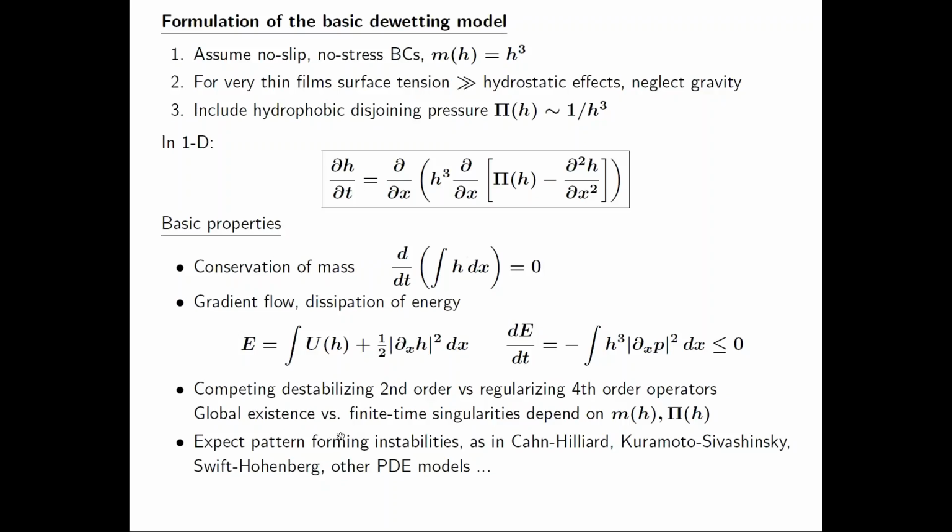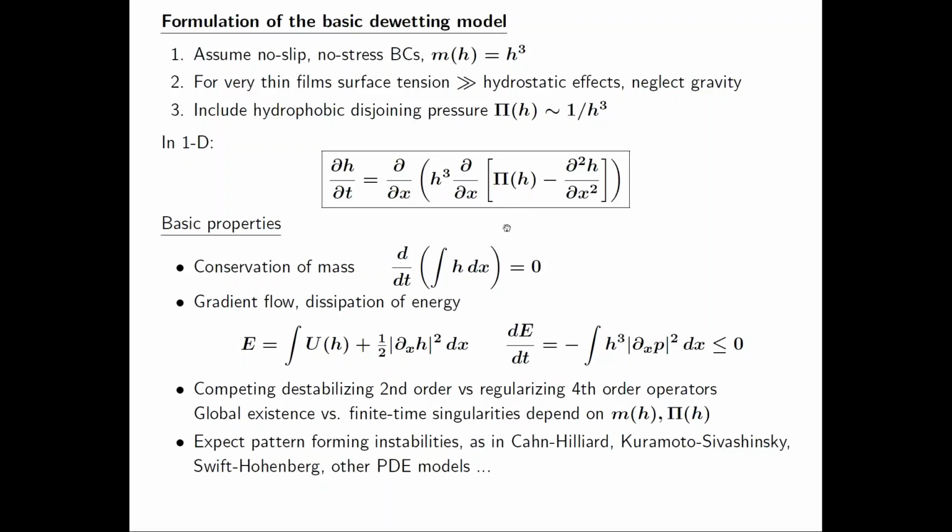Also, this equation has an important feature it shares with many other types of PDEs that have been studied in other contexts in material science, in that the fourth order surface tension tends to be a regularizing effect. It tends to smooth things out and reduce energy by having solutions that have small gradients, while the second order term tends to destabilize things and create interesting patterns and other behaviors.